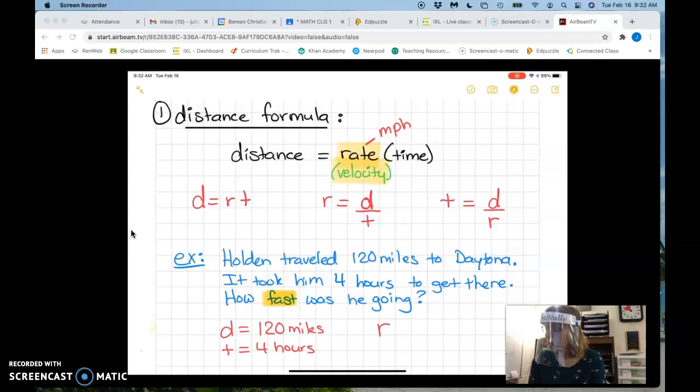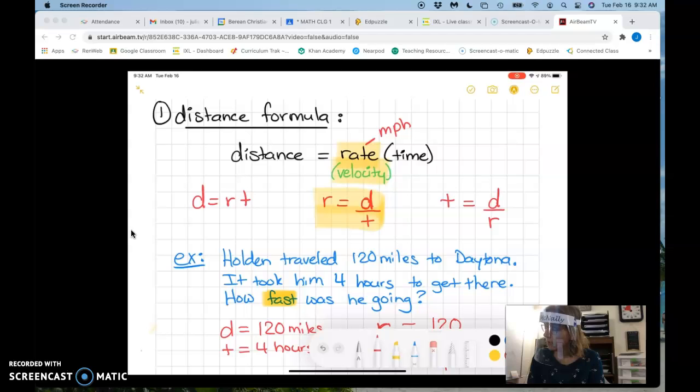The R. So I'm going to use the formula that starts with R equals, which is this one right here. So R equals 120, my distance, divided by 4, which is my time. And then what is 120 divided by 4? What's 12 divided by 4? 3. So what's 120 divided by 4? 30. Holden was traveling 30 miles an hour.